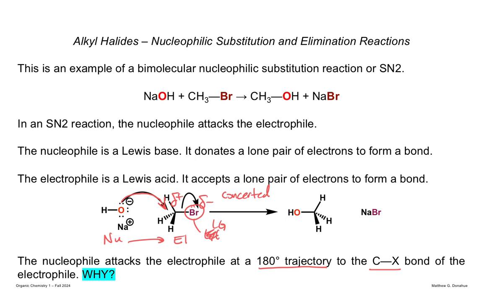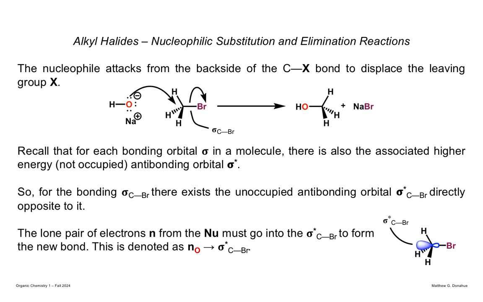And so why is that? So we're drawing these things, again, on the slide as lines. But keep in mind, those lines mean orbitals. So as highlighted here, you have a carbon-bromine sigma bond.